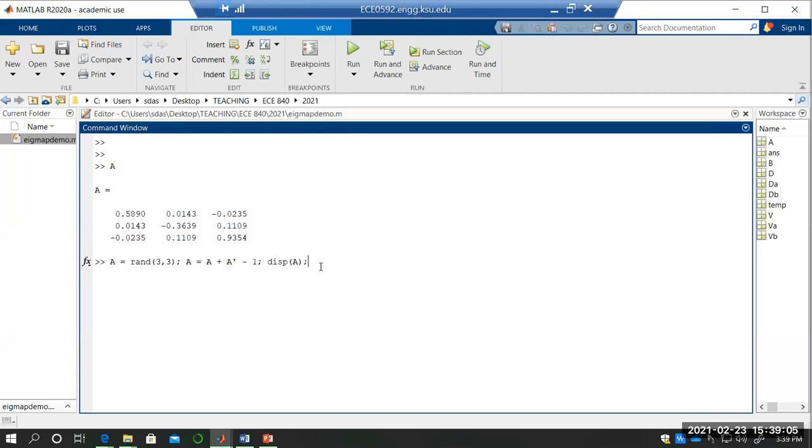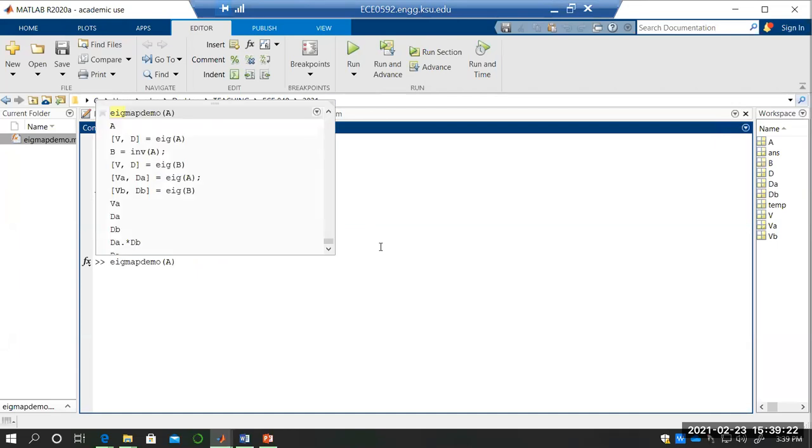Okay, and then I display it. This one I tried several times until I got a really good one. And now I actually have a small MATLAB demo. It's called map demo. I wrote it, I'll give it to you guys.